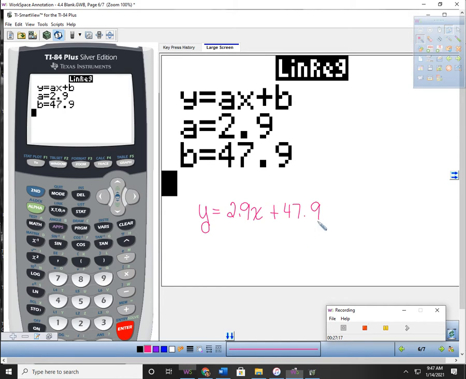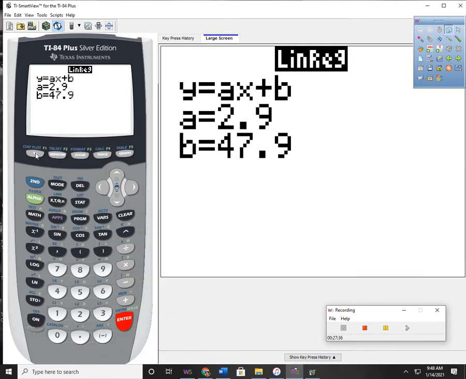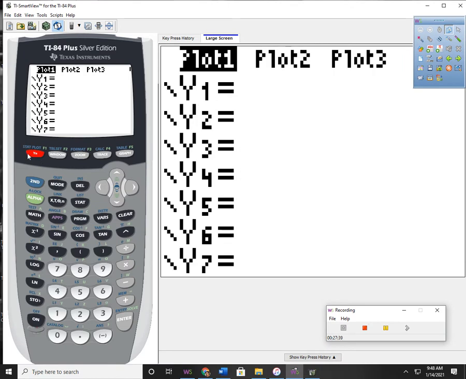Now, I want to see if that line actually is a good fit. So I want to graph it and see if it goes through those points, right? So I'm going to go to the y equals, where we went a while ago, this upper left-hand button. And in this y1, this is like your y equals, we're going to put in the right-hand side of that.